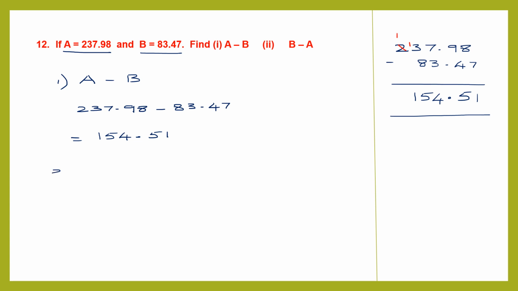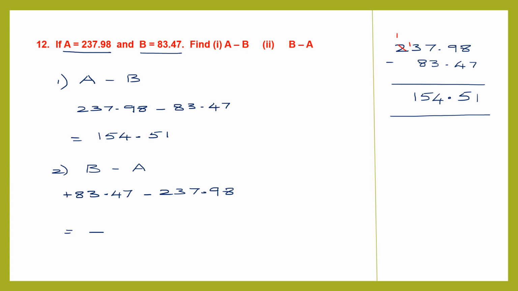154.51. Now we have to do B minus A. So let's do B minus A. Again, substitute the value. Here for B, it is 83.47 minus A is 237.98. So we have to subtract these numbers. Now, as you can see, signs are different. So we're going to put the sign of the bigger number, which is subtraction, minus sign, and we're going to subtract by putting the greater number first.